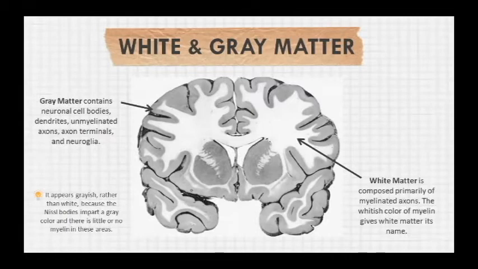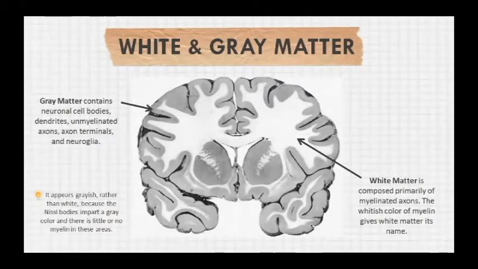If you look at our brain, it is not literally white and gray. It just shows that the white matter, which is lighter in color, has axons that are myelinated, while the gray matter, the darker parts of the brain, has unmyelinated axons.